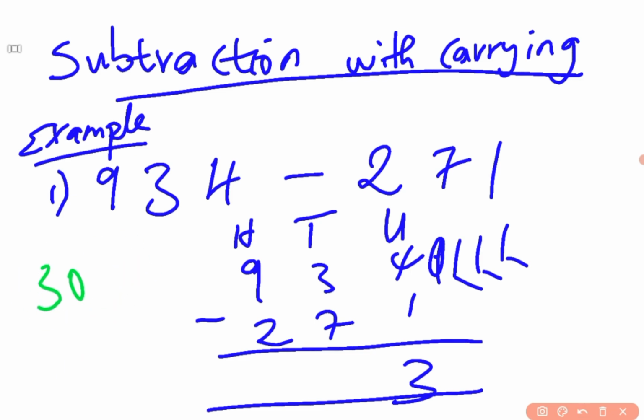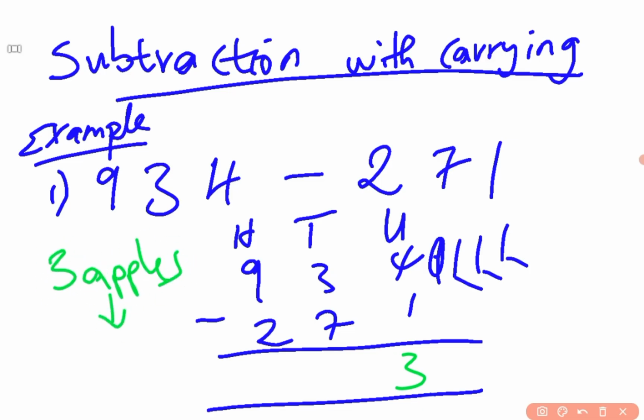In other words, you cannot have just 3 apples and I expect you to give me 7 apples. It is not going to be possible. So what will I do? I will borrow before I'll be able to give you. So that's why here I'm talking about subtraction with, it's not carrying, subtraction with borrowing.